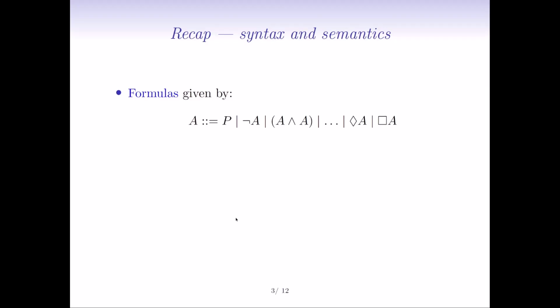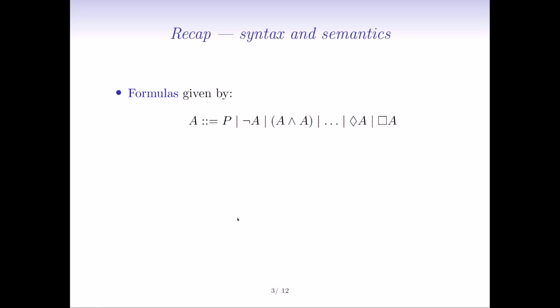Okay, so let's begin by recapping very quickly the syntax and semantics of modal logic that we saw in the last lecture. Now, the syntax is easy enough because essentially it is just the syntax of propositional logic, but with the two modalities, diamond and box, added into the mix.